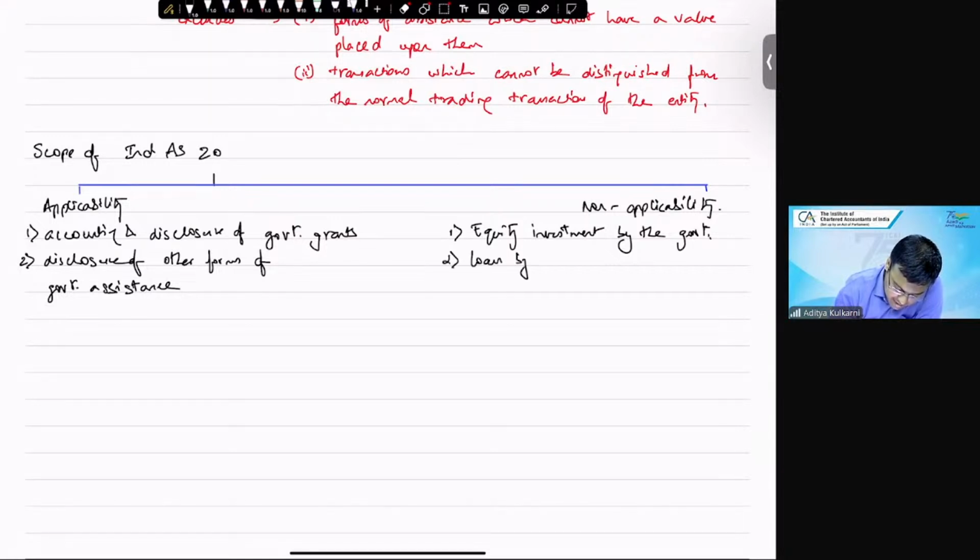loans by government at market rate of interest. You have various NBFCs that are set up by the governments. Okay, like for example, in the state of Goa, you are having EDC, Economic Development Corporation, which is 100% controlled by the government of Goa.